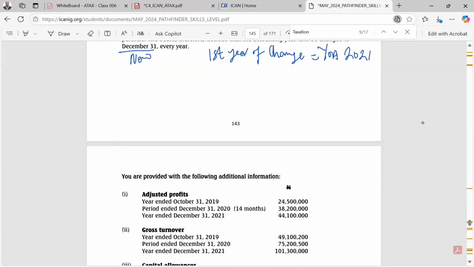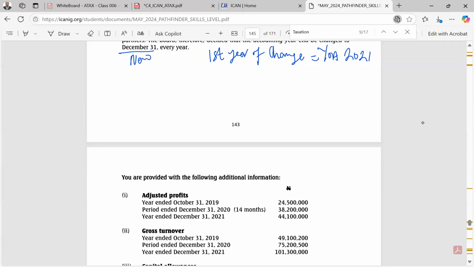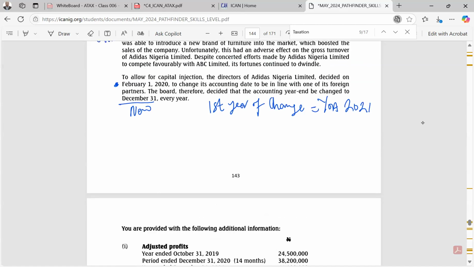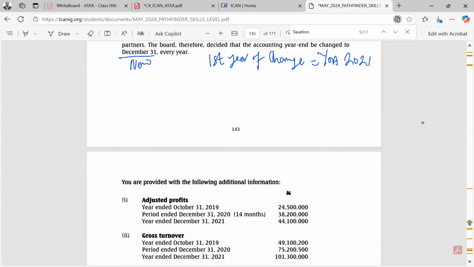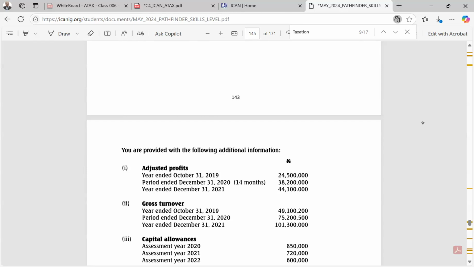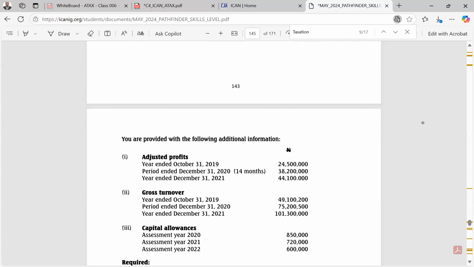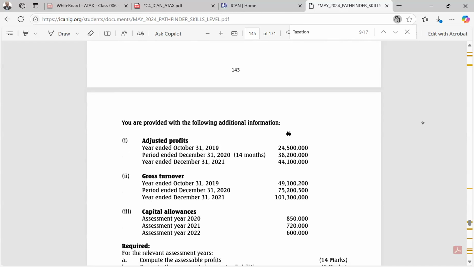All right. We are provided with the following information: adjusted profits, this is what they had up to October 31st. Then they now brought 14 months. They now brought another one. We now have a gross turnover.